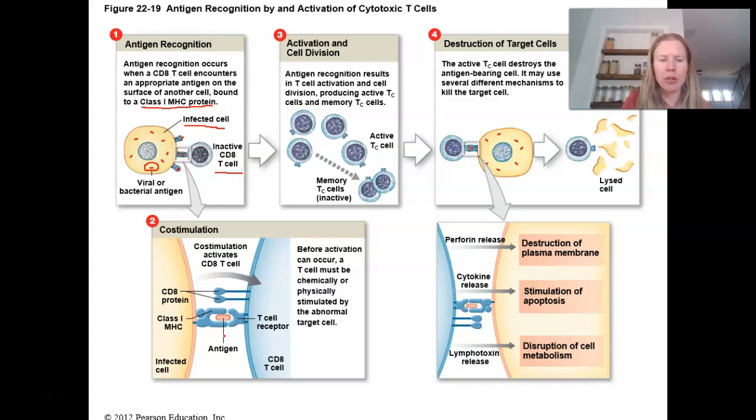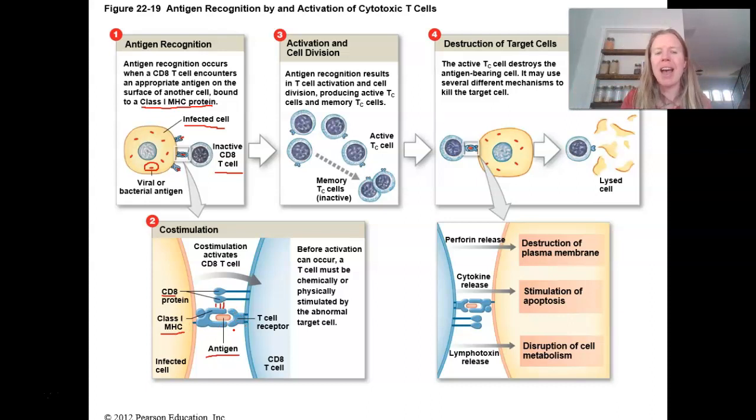Let's zoom in here just a little bit. So here's our class 1 MHC, a big blue protein, and it's holding our antigen. What we need to have happen here in order for a cytotoxic T cell to work is that it has what's called a CD8 protein. The CD8 protein actually binds here to the MHC1. That's how they recognize what they're checking.